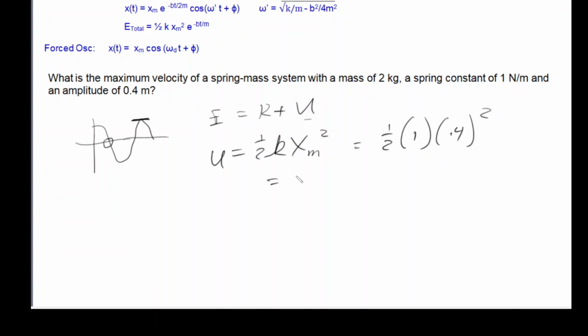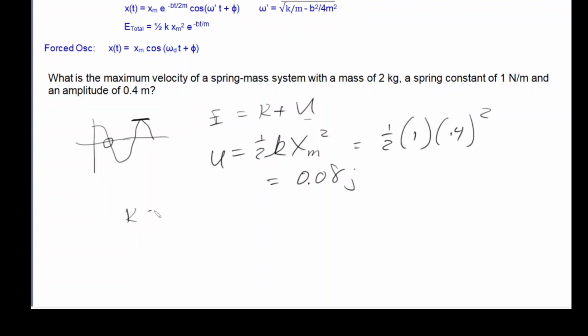So that is equal to 0.08 joules. So that's our total energy when it's all potential. That's going to equal our total energy when it's all kinetic.